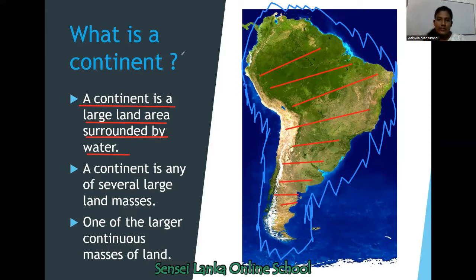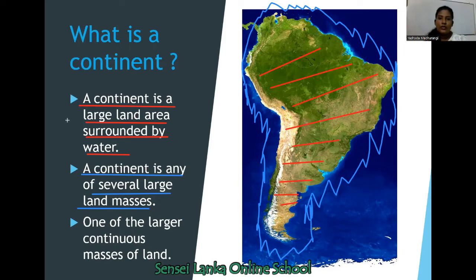So number 2, the second definition. A continent is any of several large land masses. Here also, can you see the word land? So it is a land area. Then can you see the word large? It is a very large land area.